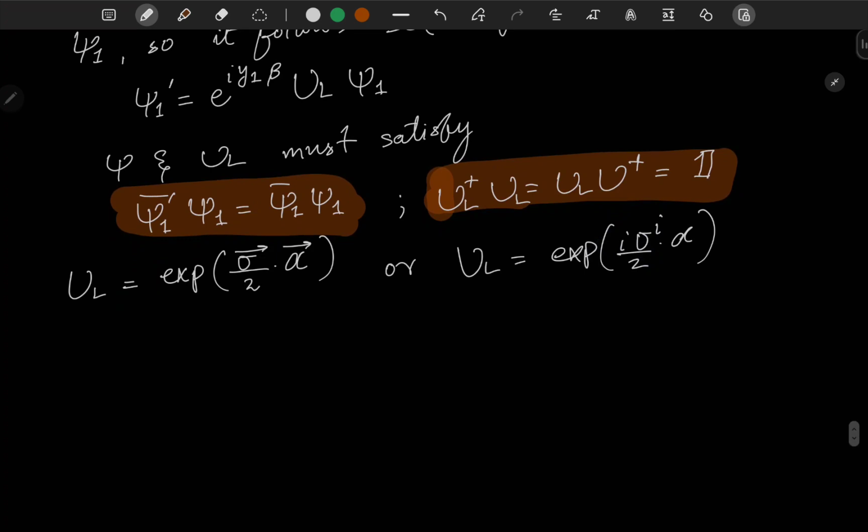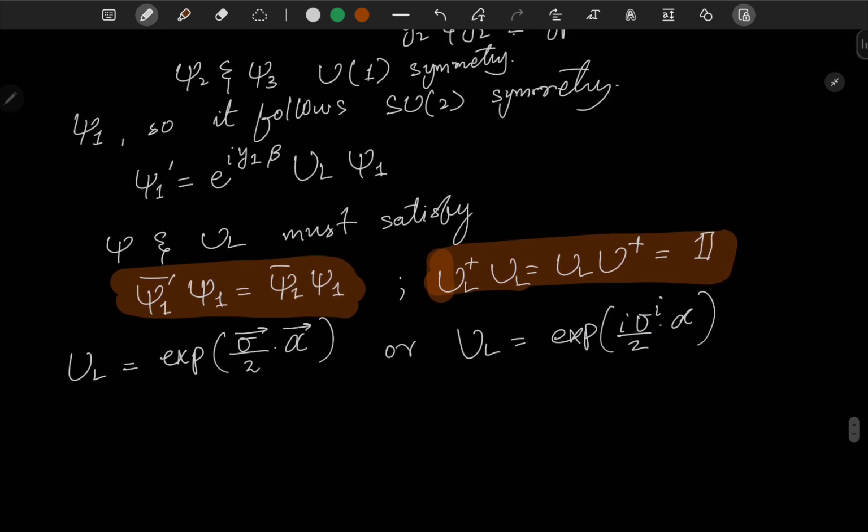So if we want our psi1 field to be invariant under global transformation, psi1 should follow this relation, and our UL operator should also follow this.